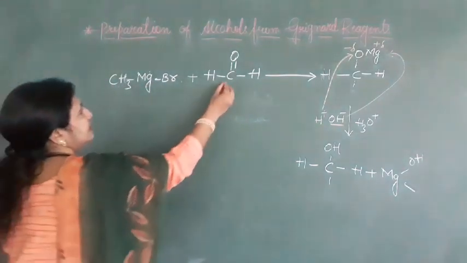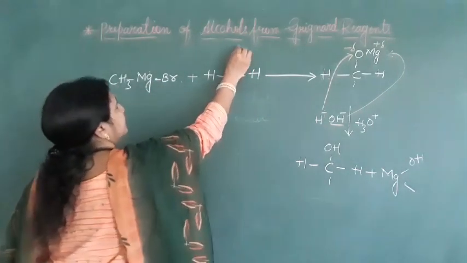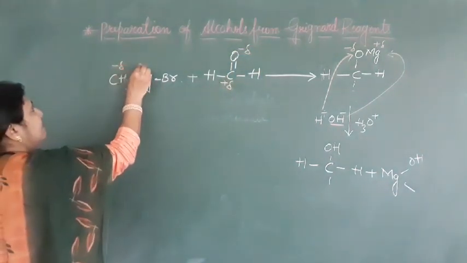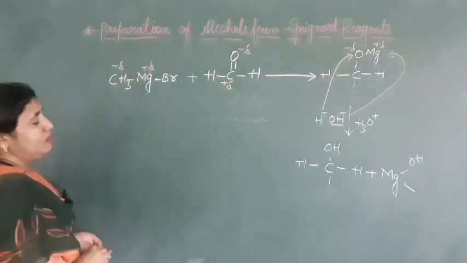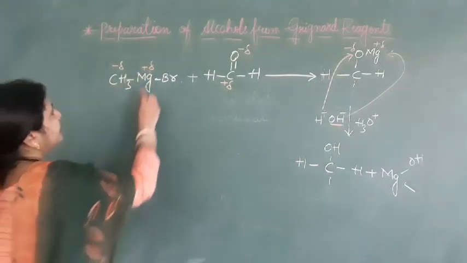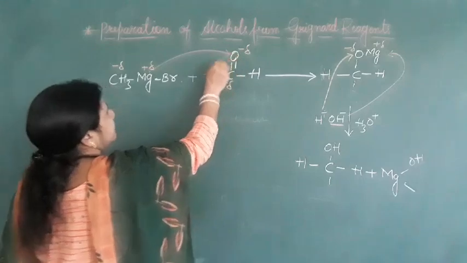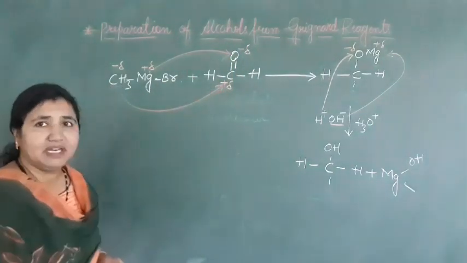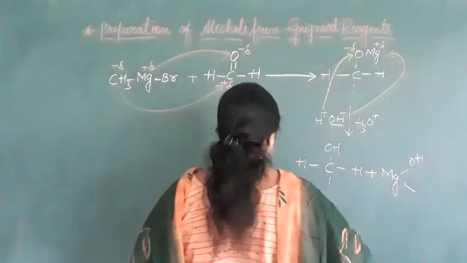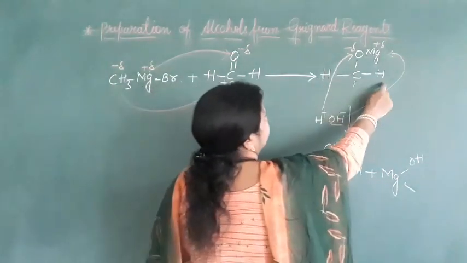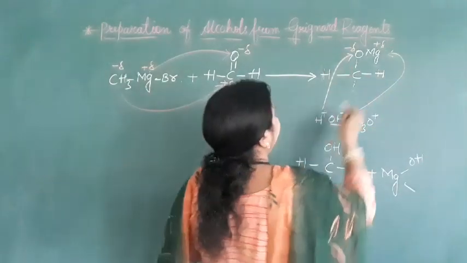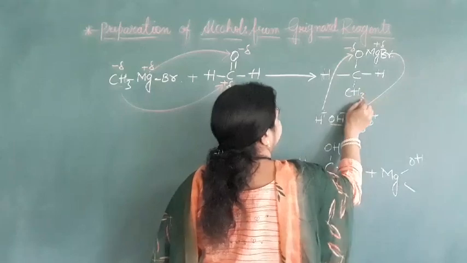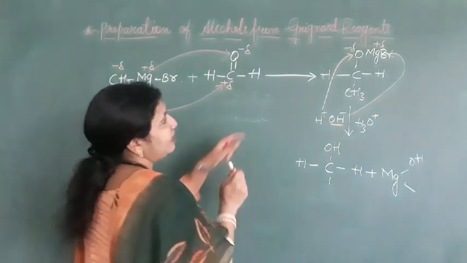Same here, this carbon has a positive charge and this oxygen a negative charge. This methyl group is partially negative and magnesium is partially positive. So this MgBr will go with this oxygen, and this methyl group will go with this carbon. So we get H, C, H remaining as it is, OMgBr, and CH3 here.